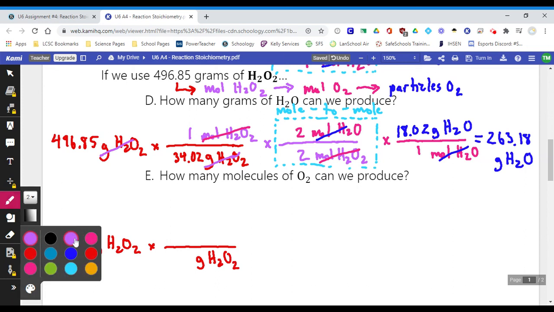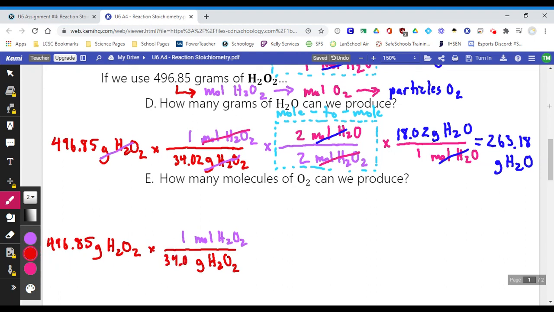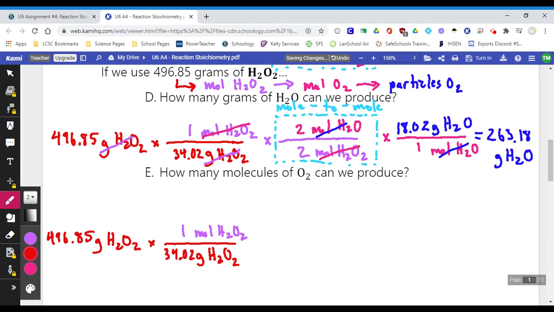I can go from grams to moles, so moles of H2O2 is on top. And hey, this is no different than what's up here. So I'm just going to copy down what I had. I already did it. It's not like I'm plagiarizing. In 1 mole of H2O2, I can make 34.02 grams of H2O2. This will help me cancel out my grams of H2O2 units, and I'll be left with moles of H2O2, which is good, but we're not there yet.